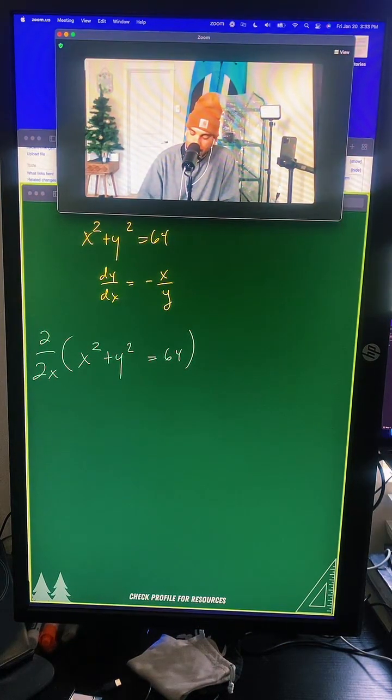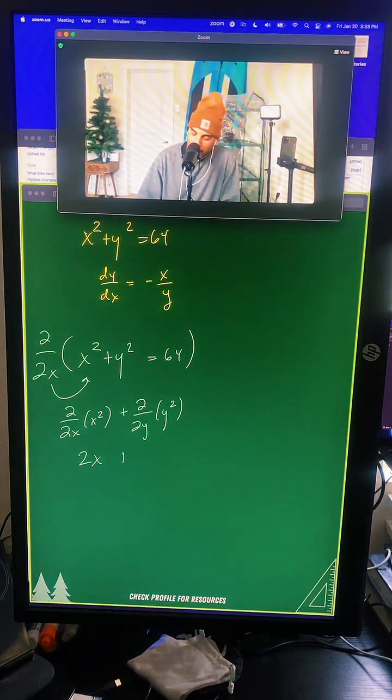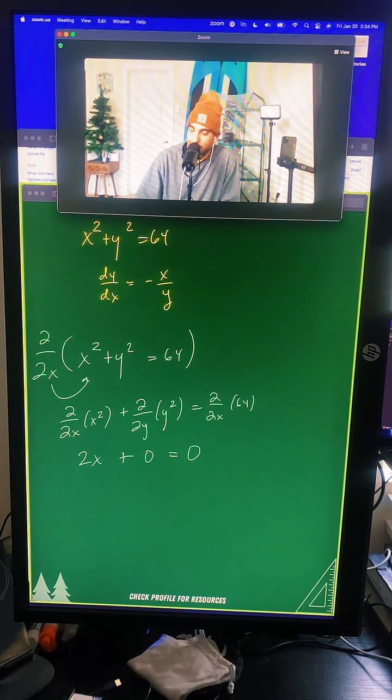So the partial derivative of x squared is 2x, because that is the variable we're working with. But for y squared, we don't care about that. It's just a constant, so that's plus 0, and that equals the derivative of 64, which is just 0. So my partial derivative is just 2x.